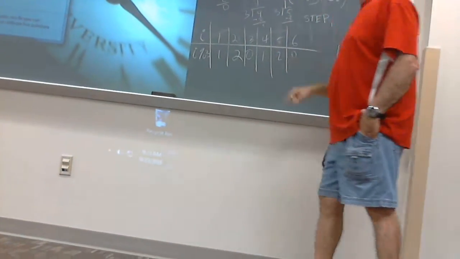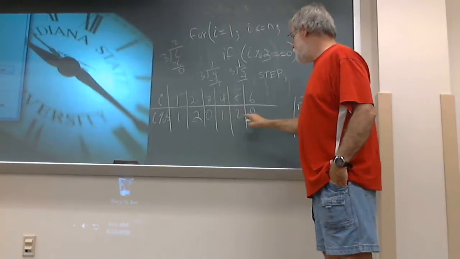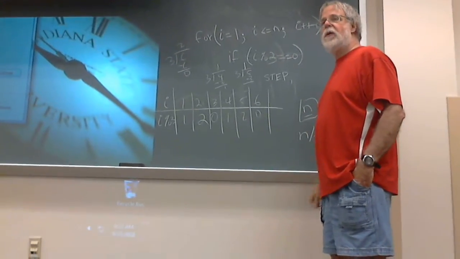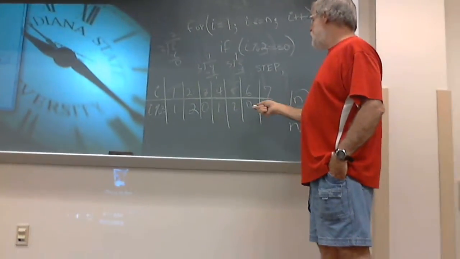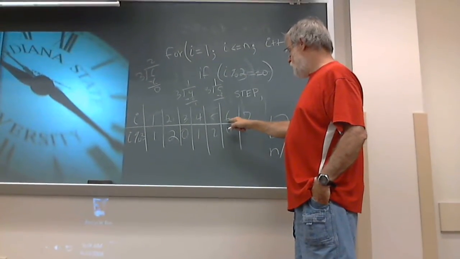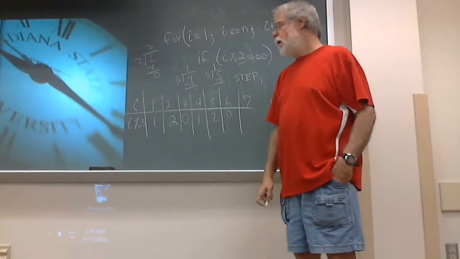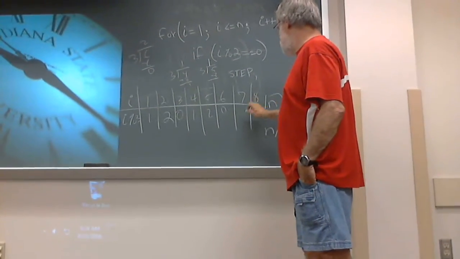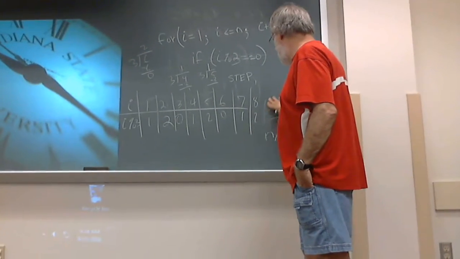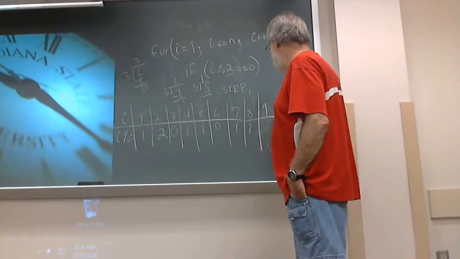What's the next one going to be? It's going to be a 1, because 3 goes into 7 twice, twice 3 is 6, and 6 from 7 is 1. Then when I get to 8, the remainder will be 2. And when I get up to 9, the remainder will be 0 again.